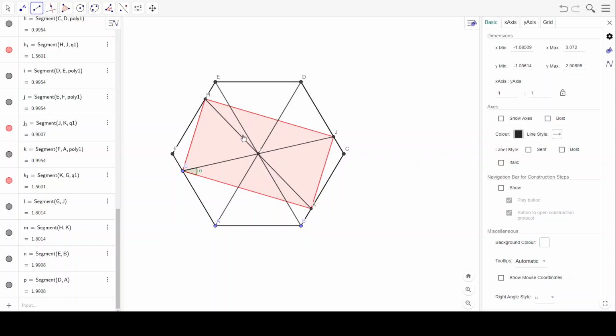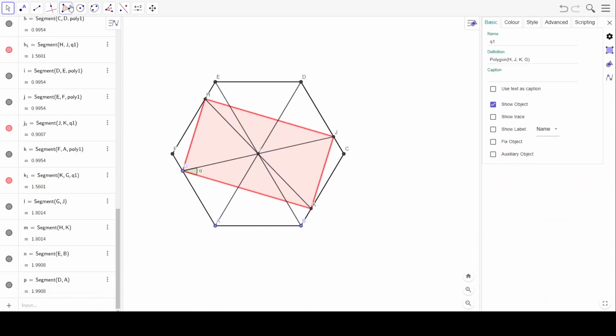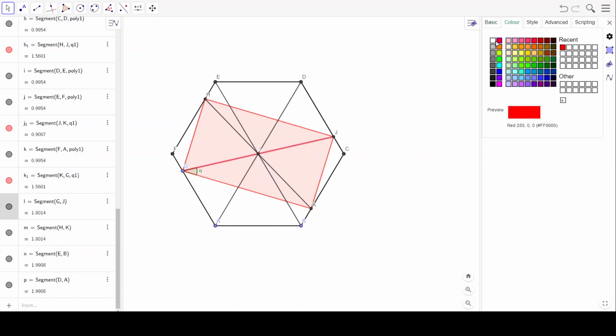But now it is quite easy to see that those two diagonals, so let's make it red, this diagonal of the rectangle is equal in length to this diagonal HK, and it is quite easy to see from the symmetry that it is rotated by 60 degrees, because there are all 60 degree symmetries in the regular hexagon.